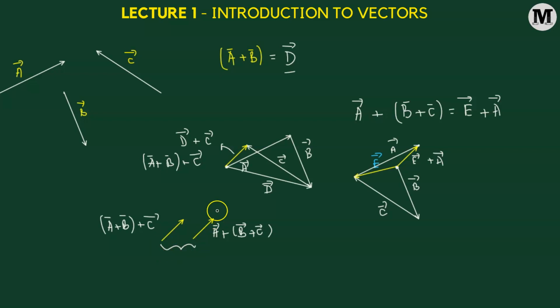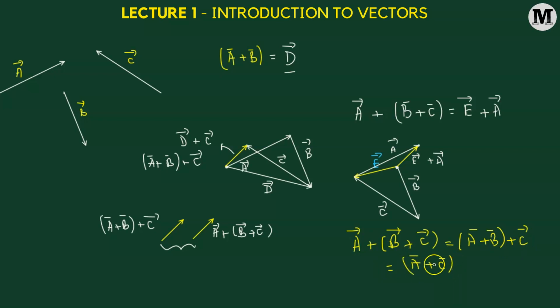So here we have verified that vector addition also follows the law of associativity, meaning we can take vector A and add it to the sum of the vectors B and C. The result is exactly the same as taking the sum of vectors A and B first and then adding the vector C to it. Or we can do the other way around. We can take vector A and add it to vector C, and then whatever result we get, we add it to the second vector, that means vector B, and we're still going to get the same result.